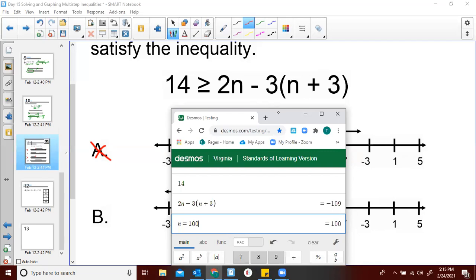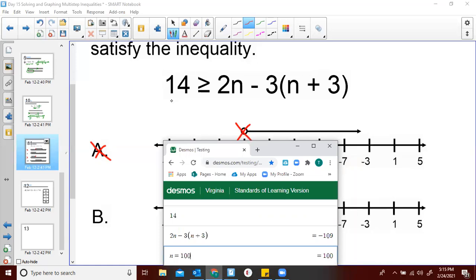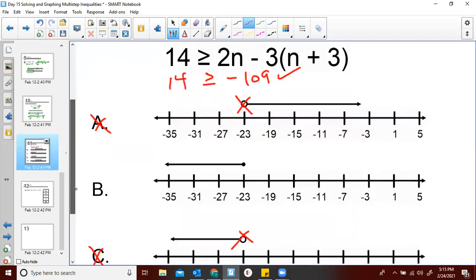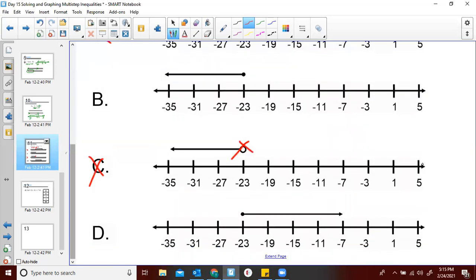What I see here is that I have 14 is greater than, and I believe it was negative 109. And is this true? That is true. So if this number line kept going, eventually we would get to 100. And we know 100 is true. So that means our arrow needs to go to the right. So D would be our answer.